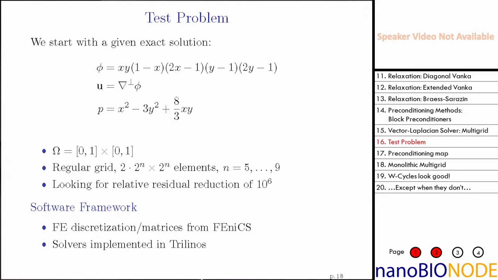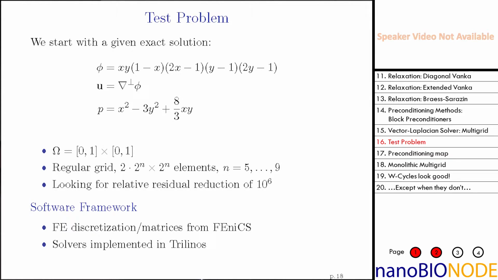So for our test problem, we're pulling a test problem from the paper by Blanca and Ludmil and all these people. That's this test problem. They start with this equation, and then they just take U as the grad perp of phi.